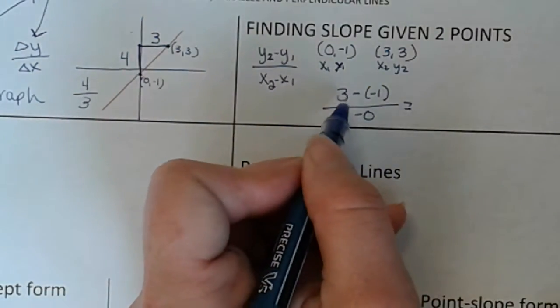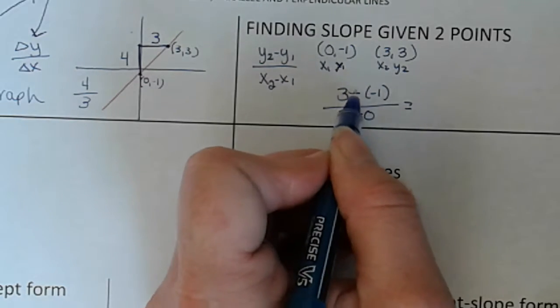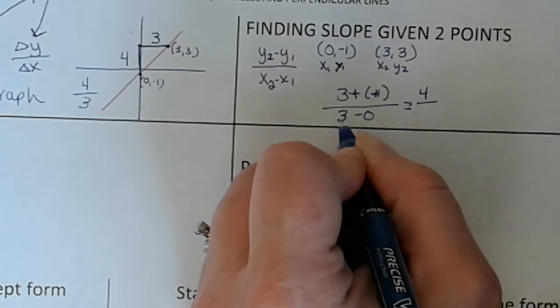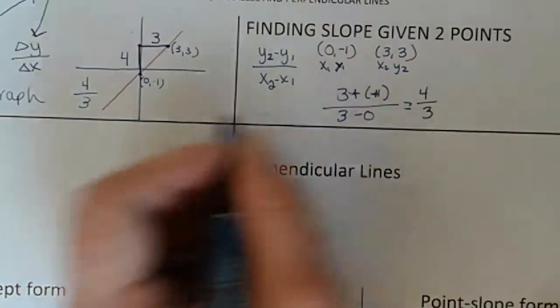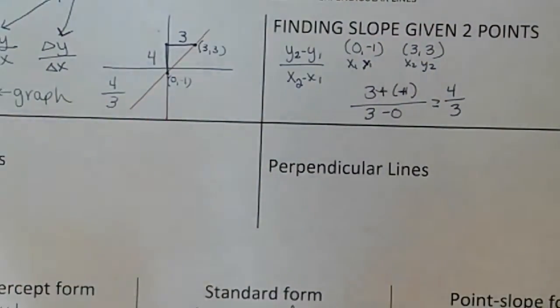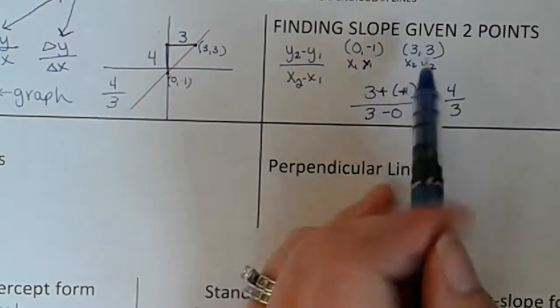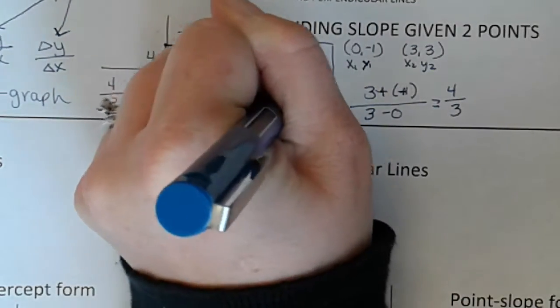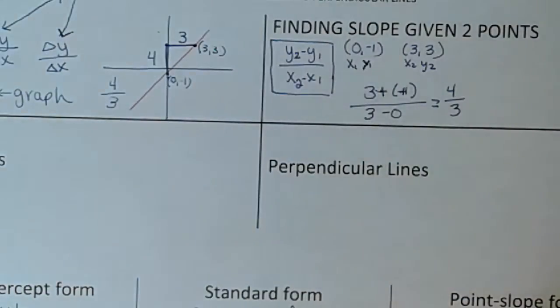Well, remember, a minus a negative makes this plus a positive, so that's actually 4 over 3 minus 0, which is 3. So we get the same slope if we counted it or if we use the formula, which is good. It means I did it right. But that's how we find the slope given 2 points: y2 minus y1 over x2 minus x1.